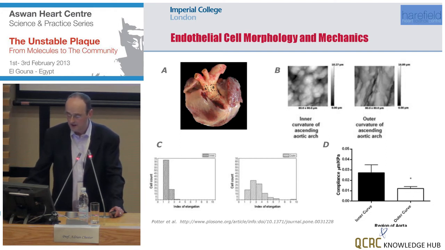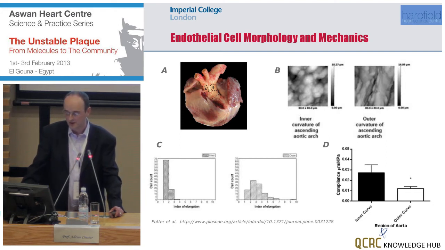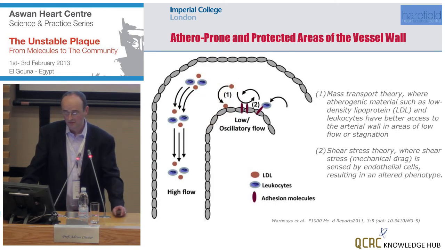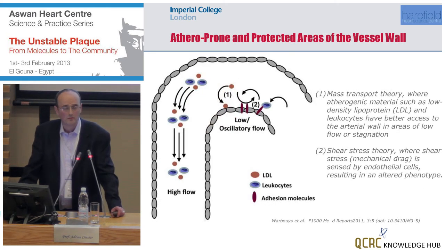And again, this may all work together to influence the different types of signaling mechanisms that can be induced by either low or high shear stress. So essentially, the field has progressed to define these areas as atheroprone in low shear oscillatory flow areas and atheroprotected areas where you have the high laminar shear stress.